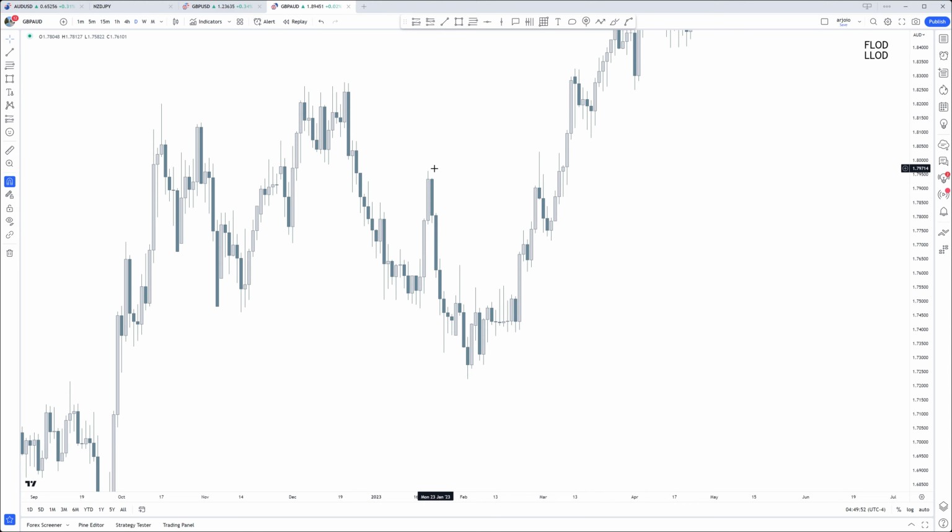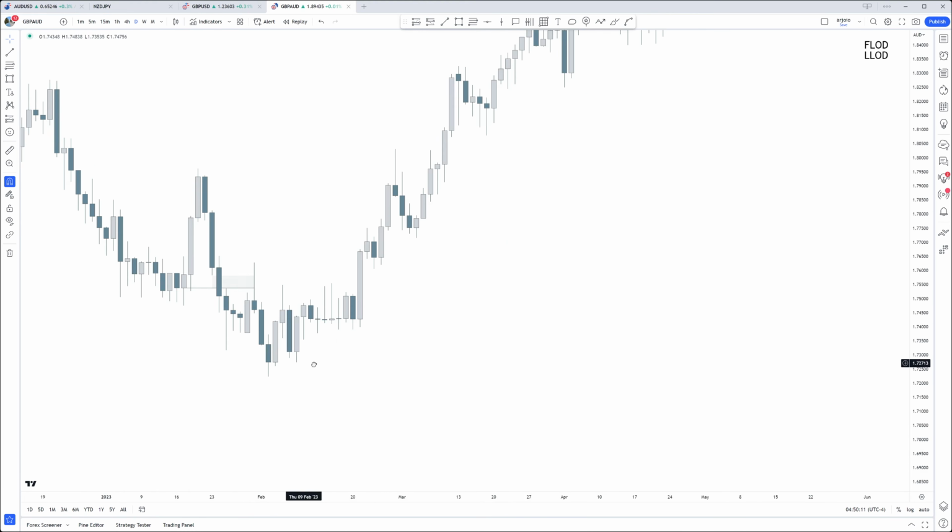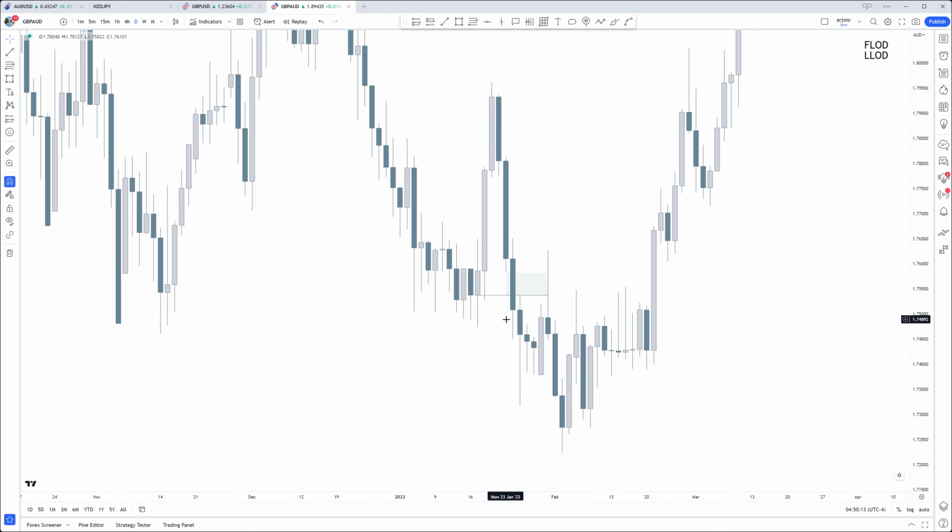So in this case, we have a first line of defense. What is our first line of defense here? That fair value gap overlapping with that order block. That is our first line of defense. Now we can even argue, of course, the absolute first line of defense right here is this fair value gap, because the order block line is a little bit higher, as you can see right there.